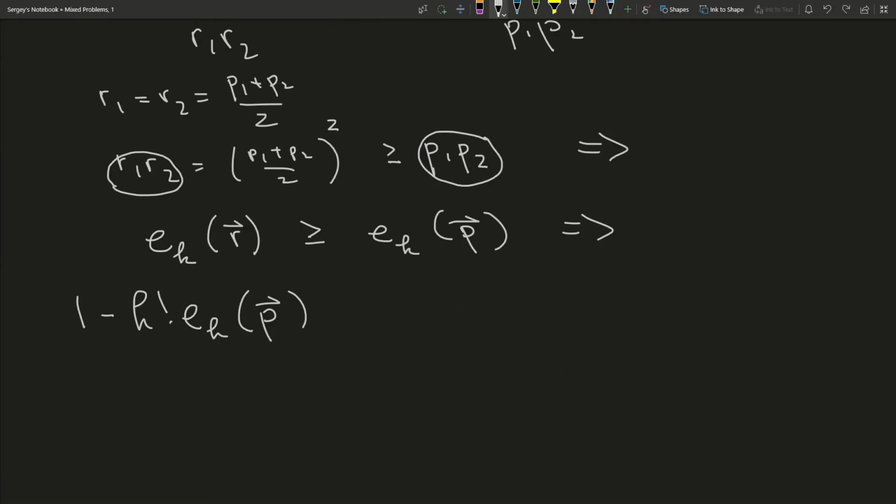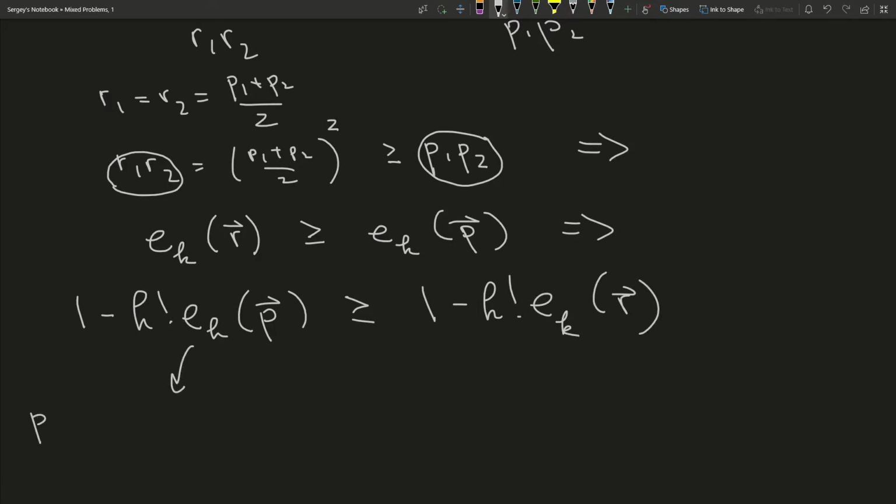So this is since the kth elementary symmetric polynomial in R is bigger or equal to the kth elementary symmetric polynomial in P, when we subtract this smaller value from 1, we get something larger or equal to 1 minus 1 over k factorial kth elementary symmetric polynomial in R.